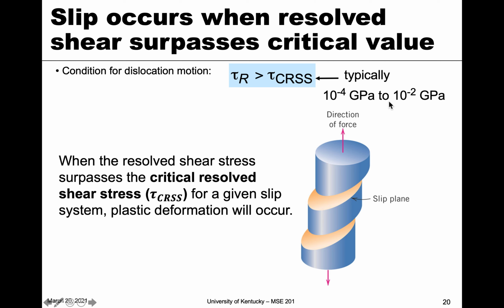And those values tend to be on the order of 10^-4 to 10^-2 gigapascals of stress. So this allows us to look at a tensile loading of a sample and get resolved shear stress and compare that to a material property, the critical resolved shear stress, to determine when slip will occur or plastic deformation will occur.